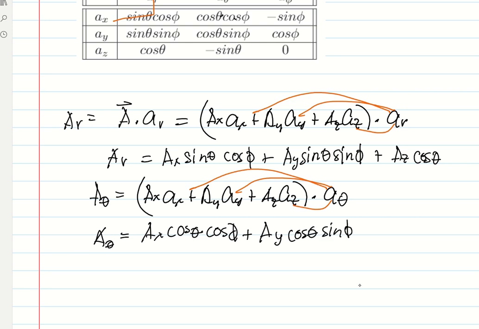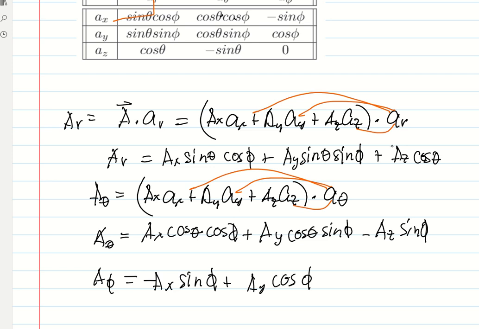Then for az dot a theta, that's negative sine theta, so minus Az sine theta. And lastly, for the phi component, ax dot a phi is negative sine phi, so this is minus Ax sine phi. Then plus cosine phi, that's ay dot a phi times Ay, so Ay cosine phi. And lastly, for the z component, a phi dot az is 0, so there's no other term here.